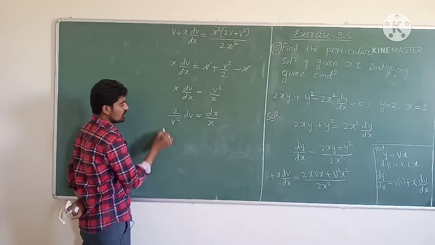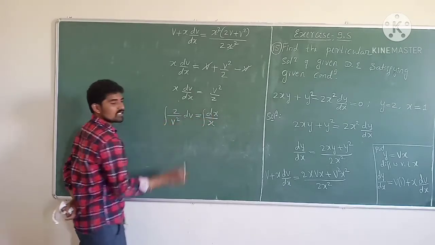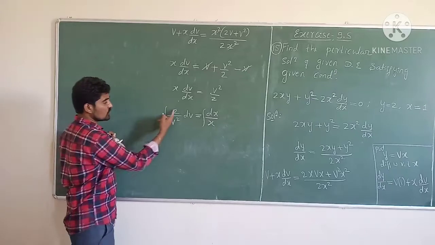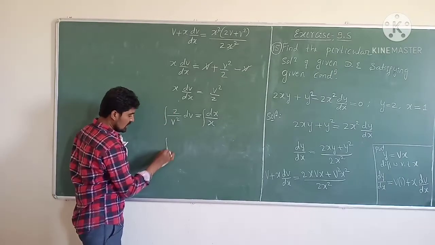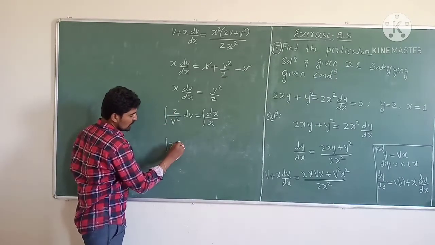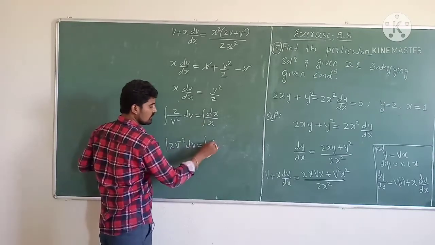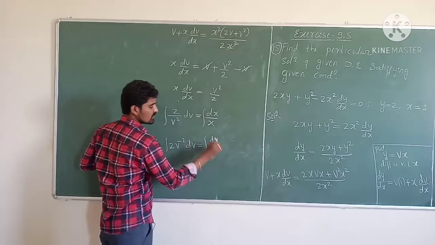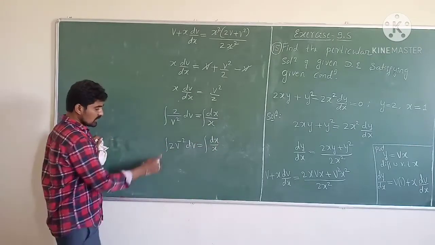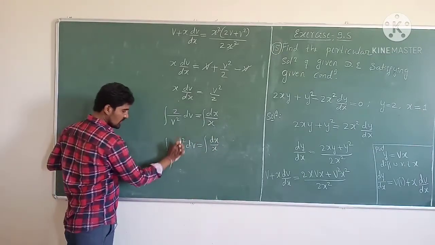After separating the variables, integrating on both sides. Integration of 2 by v square can be written as integration of 2 into v power minus 2 dv, which is equal to integration of dx divided by x. Now 2 is constant, taken outside the integral.